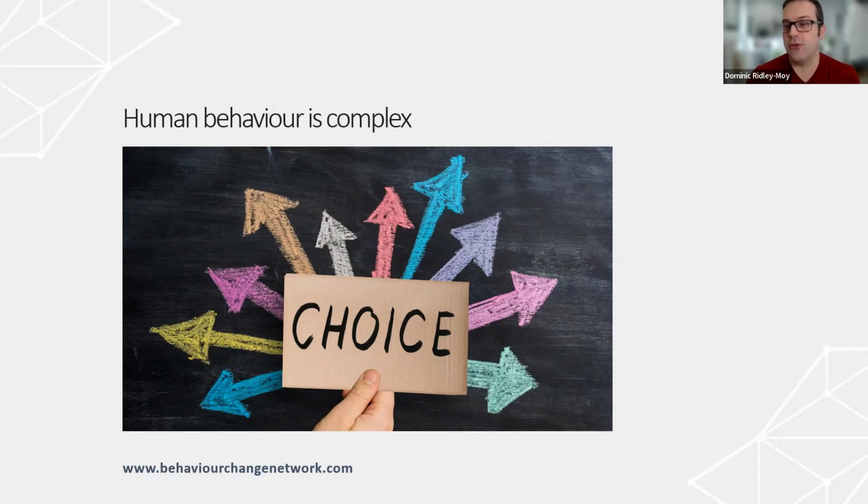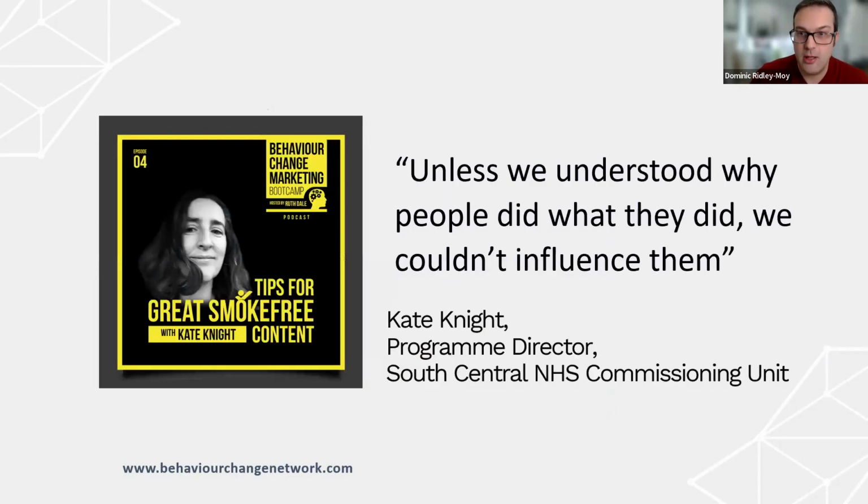And there's lots of things that determine how we make decisions: emotions, what we believe, what people around us do, our socioeconomic status. These are all the things that affect our decision making. And Lucy will talk a bit more about COM-B, because that's a really interesting model to think about what happens in your environment, and something that's often overlooked.